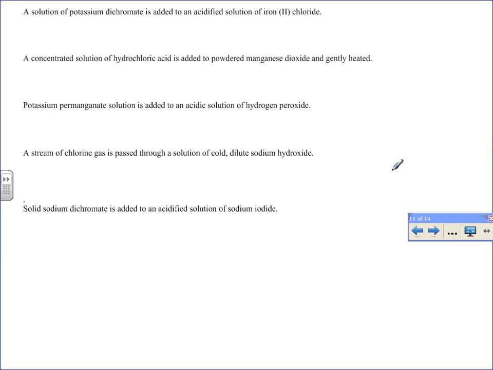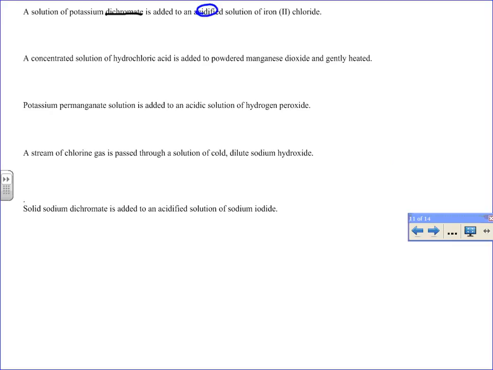So a solution of potassium dichromate is added to an acidified solution of iron 2 chloride. So in this case, we've got dichromate. So we want to recognize that dichromate is something that's commonly reduced. Okay, and it's in an acidified solution, which is important to us.